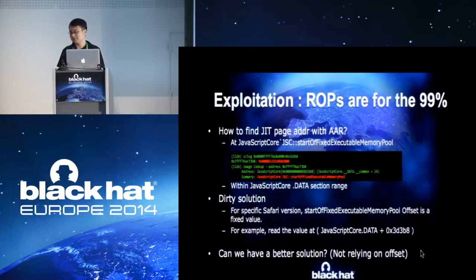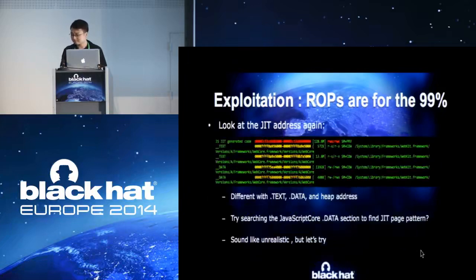For example, in this case, you can just use the offset 3D3B8, which points to the start of the JIT pool. But this is a very dirty solution, and on different versions of WebKit, that offset will be different.